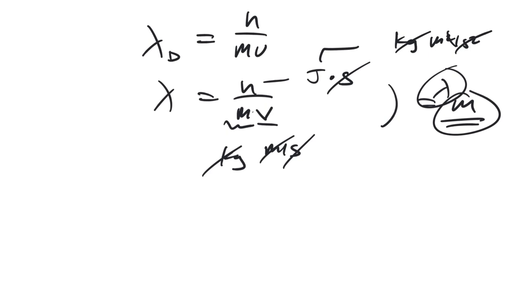And so probably not a problem you're going to see numerically in terms of using this equation. We use it just to show that for an ordinary sized particle like a baseball, there's no real wavelength. When we throw a baseball, it's not oscillating like a wave like a photon does. And if you think of an electron that's being fired across a potential or spinning around a nucleus, it is going to have wave-like behavior because the wavelength we calculate for the particle is on the order of its trajectory.